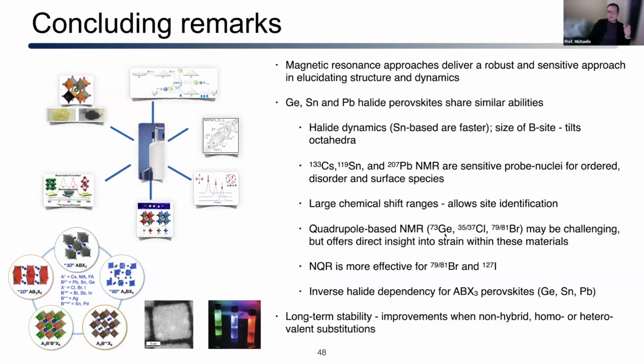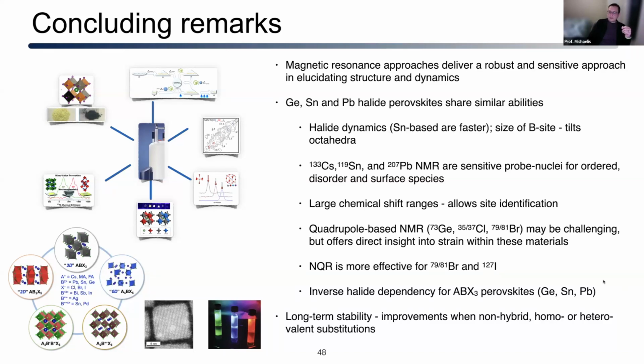Germanium, looking across different series, definitely identifies unique compositions. You can use chlorine and bromine to look for dopants and impurities and other aspects of this, as well as overall discussions about symmetry. NQR, I think, is probably the most effective approach forward for bromine or iodine, and this has been shown also by others in the field.